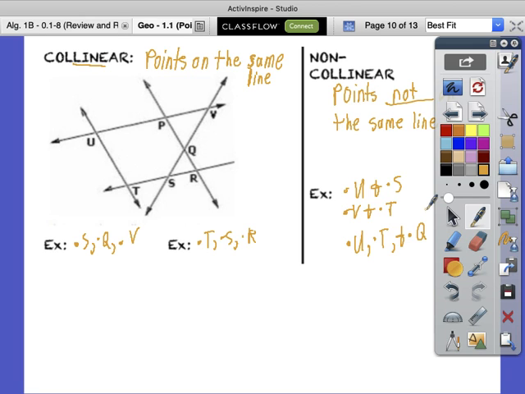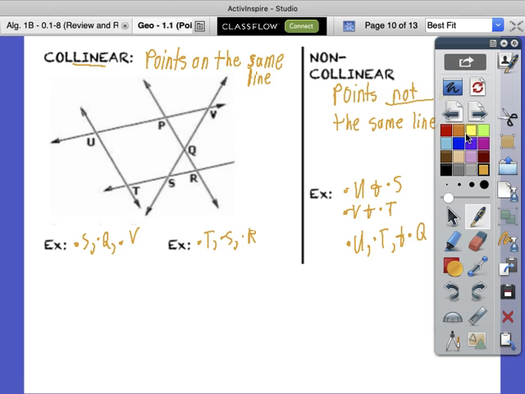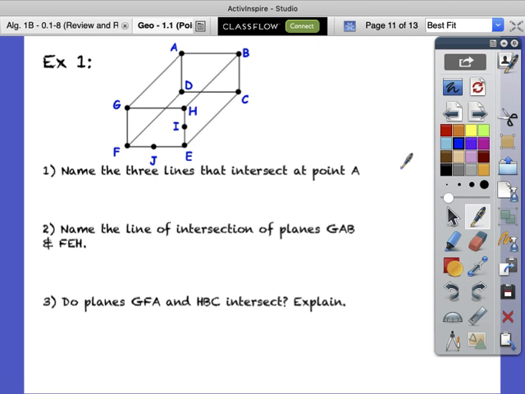No. So these would be considered non-collinear. Even though U and T are on the same line, this group of 3 would be considered non-collinear because they're not all on the same line together, okay? Does that make sense? But if I just said points U and T, we'd say, oh yeah, those are collinear. But as soon as I throw the other one in, they're non-collinear. I did points U, T, and Q to show that even if you have 1 point not on it, they're non-collinear. Okay?